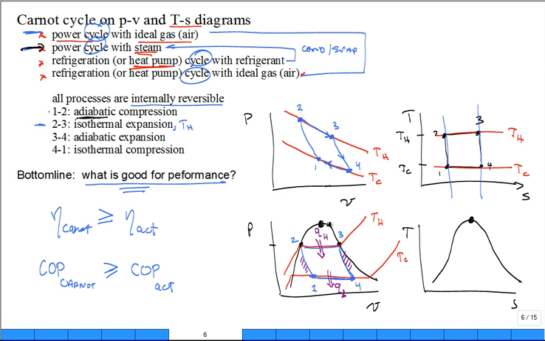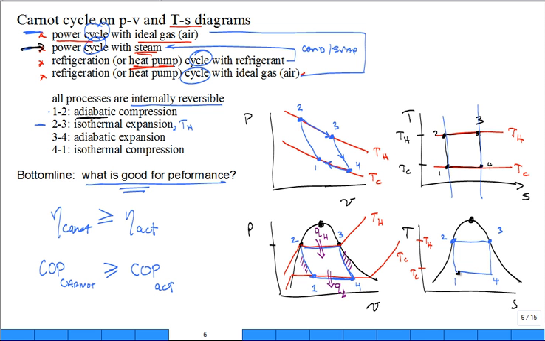Now, what you do is you have to fit it in, and state 2 is saturated liquid, state 3 is saturated vapor at the high temperature, TH. And down here is TC. And so what does the cycle look like? Well, where is state 4? Straight down. And where is state 1? Straight down from 2.